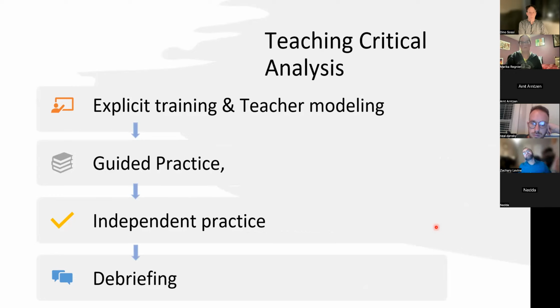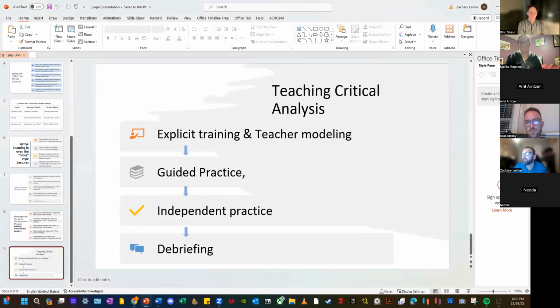Explicit training and teacher modeling through naming strategies, moving on to guided practice, independent practice, and this kind of debriefing. That general pro-metacognitive structure was something I encountered a lot. Anyway, those are the things I related to what I've been seeing in fieldwork in my paper.